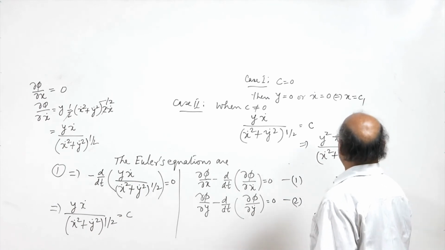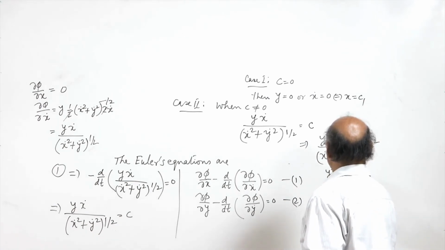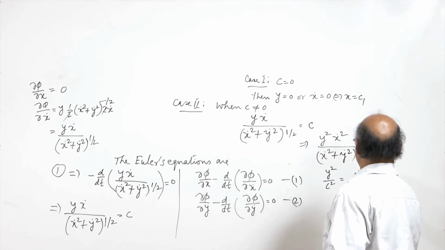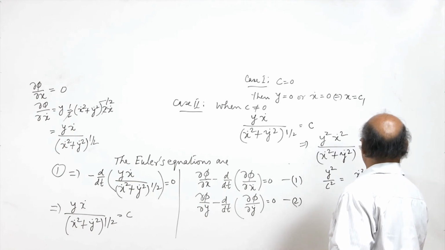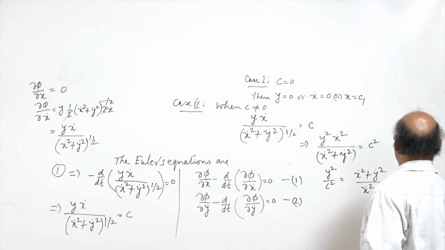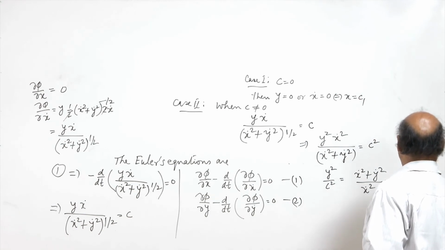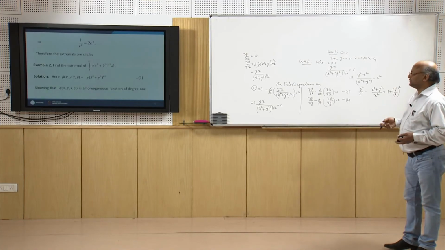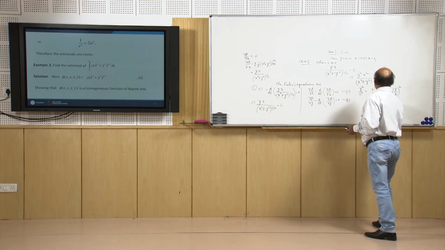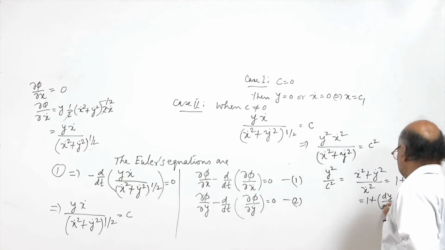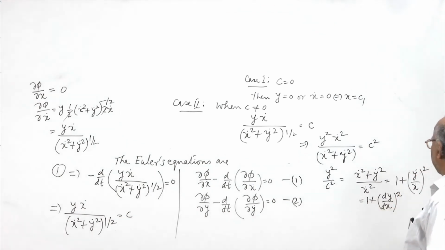So we can say y square by c square equal to (x dot square plus y dot square) divided by x dot square, which is 1 plus (y dot upon x dot) whole square. y dot is dy by dt, x dot is dx by dt. So y dot over x dot is dy by dx. So 1 plus (dy by dx) whole square.